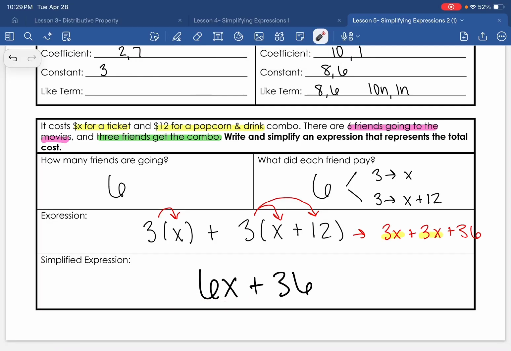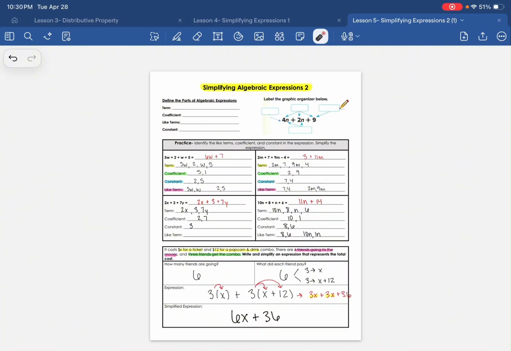Okay, so if I go back into my reading, it costs x for a ticket. 6 friends are going. Okay, well that makes sense because 6 people would need to buy tickets. And 3 friends get the combo. If 3 friends are buying $12, 3 times 12 is 36. So your simplified expression is 6x plus 36.